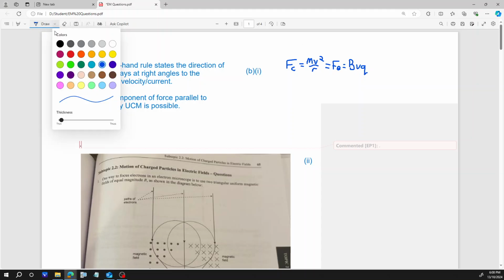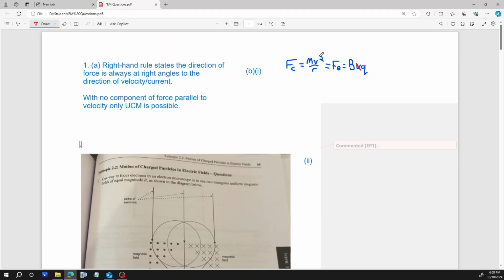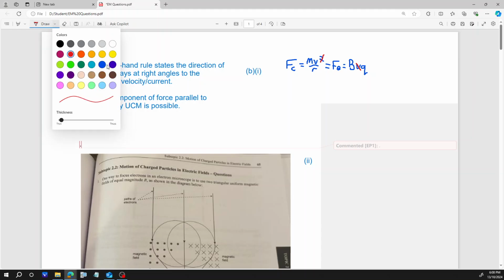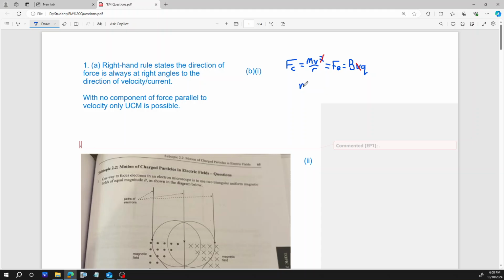Now, these can be cancelled out straight away. I'm going to multiply r across to the other side, so mv equals BQr. Then finally swap the sides and divide the B and the Q across. r is equal to mv over BQ. Okay, so that's what they're looking for.